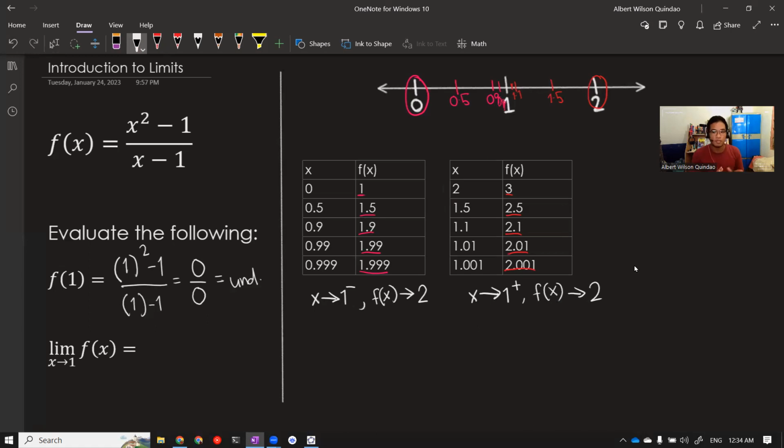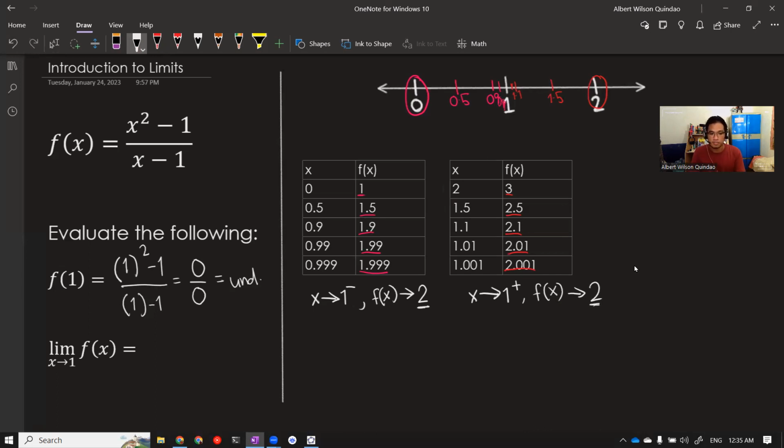Okay? So kapag ganun yung naging observation natin, inobserve natin yung behavior ni f of x mula sa negative direction. Tapos inobserve din natin siya from the positive direction. Tapos same yung number na ina-approach ni f of x as x approaches 1.